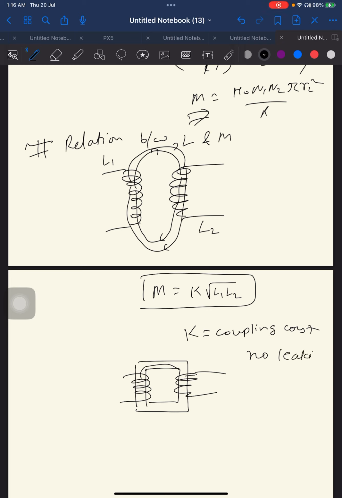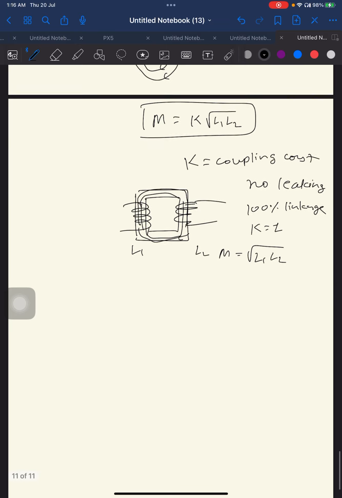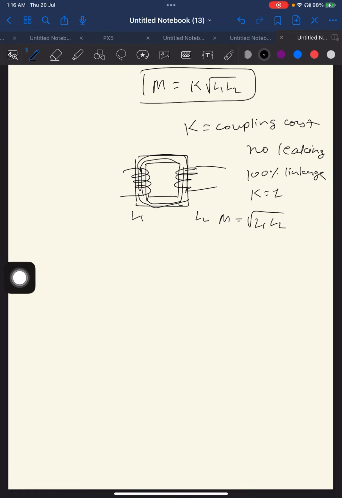No leakage in the sense that all the magnetic field in coil 1 passes through coil 2. In that case K will be 1, meaning 100% linkage, and the mutual inductance becomes simply root L1 L2, where L1 and L2 are the self inductances of both the coils respectively.